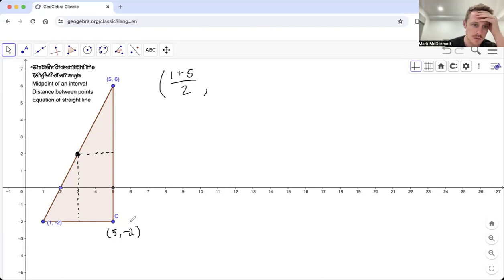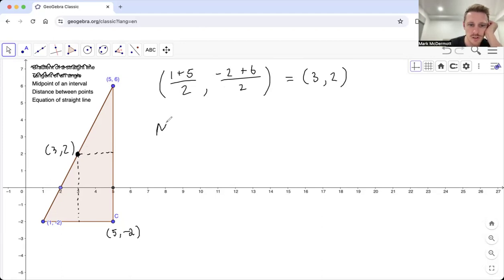And then the halfway point between -2 and 6, so -2 plus 6 over 2. That simplifies to 6 over 2, which is 3, which makes sense. So this point here has an x value of 3. -2 plus 6 is 4, divided by 2 is 2. So this has a y coordinate of 2. It's not too bad on the diagram here. It looks about right. That's at the coordinate 3, 2.